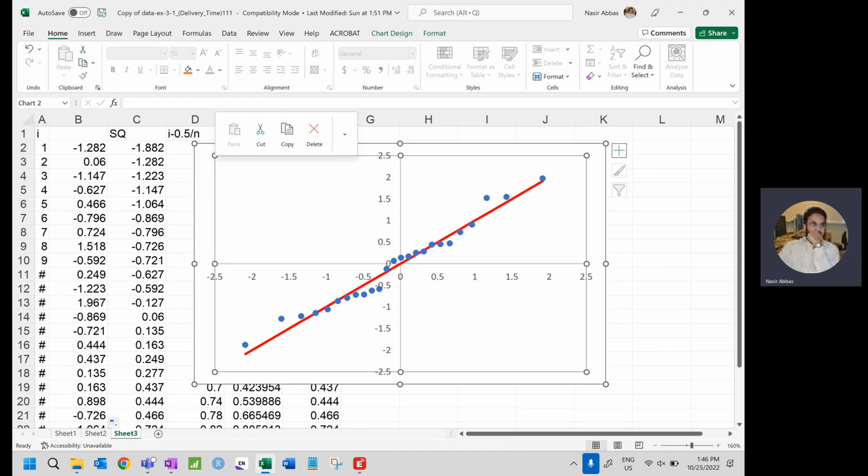If it is within the critical value, then it is normal. It's more like the sum of squares of distances of errors from the exact normal distribution. If you do that, you will get the exact same value for the test statistic. If I do that, I will get the exact same value for the test statistic.